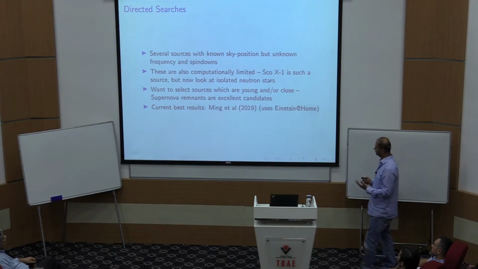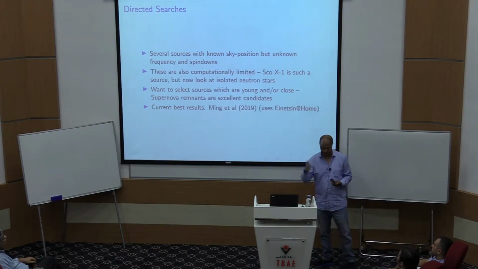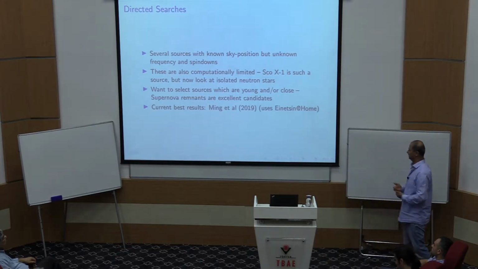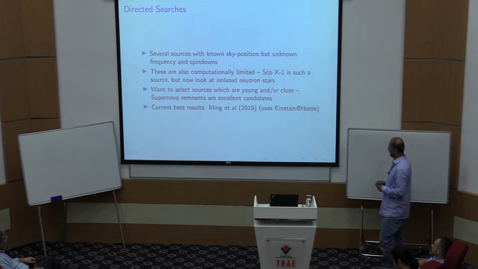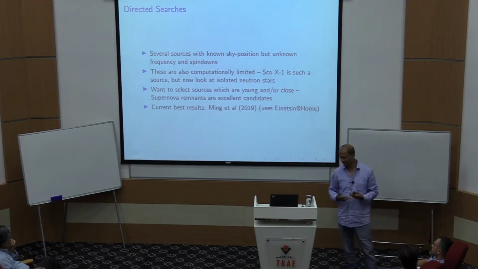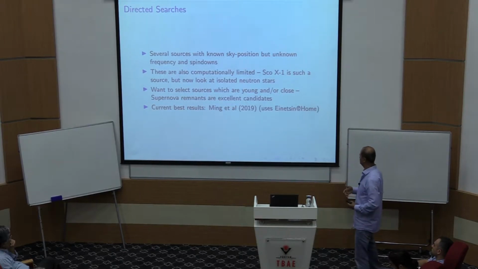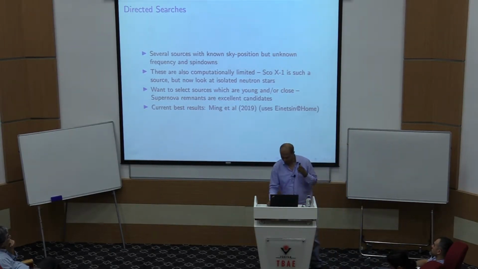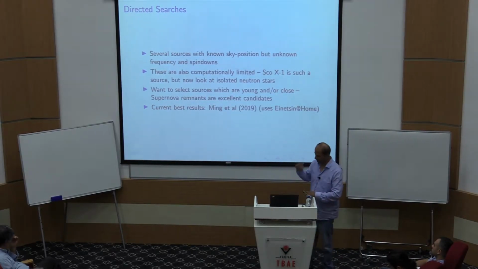So what we want to do is select sources which are either young or very close, or young and close, even better. And so then you have to go through the catalog of possible supernova remnants and look at the best candidates that you have. There's a whole process for that, which I won't discuss here. But as a result of that, you find 3 candidates which are particularly interesting, and I'll discuss results from that.